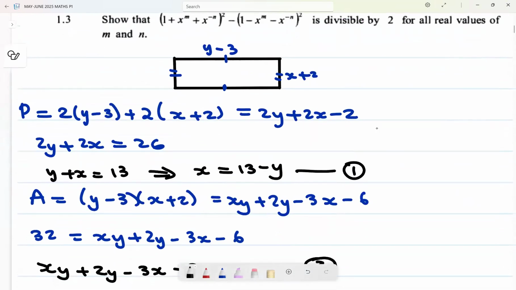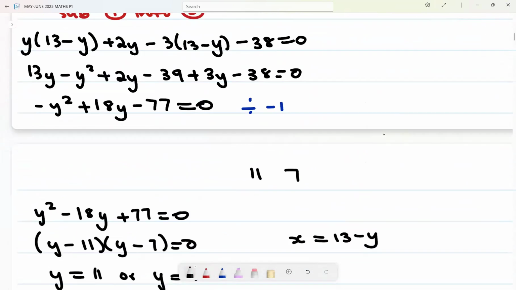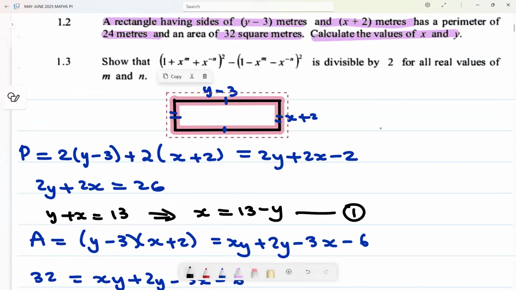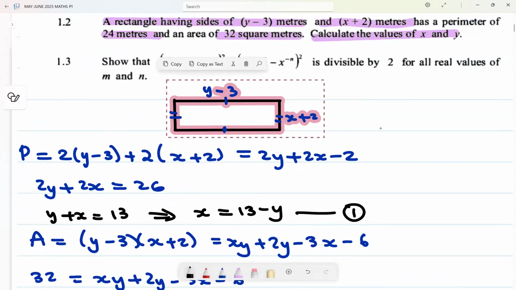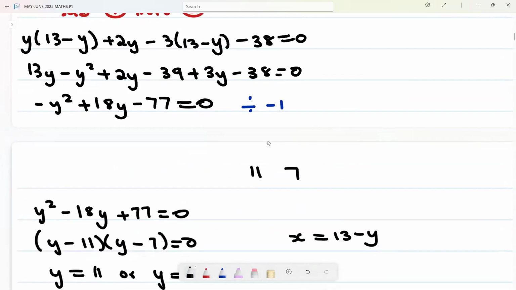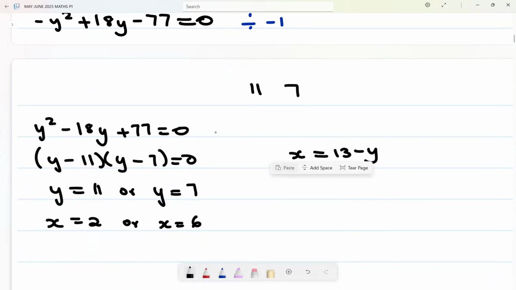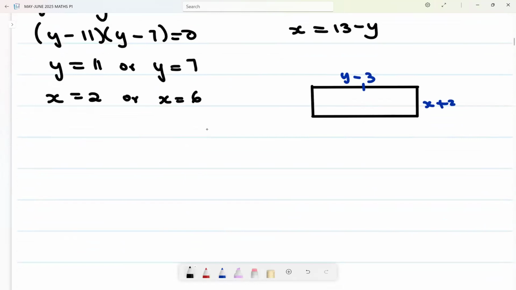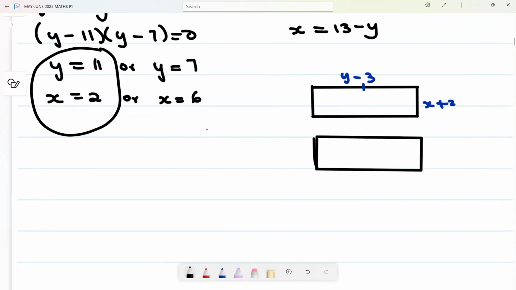Let's see if they make sense. Now it means either I have this triangle with the length of, let me draw another one. Let's use the first combination, this one.